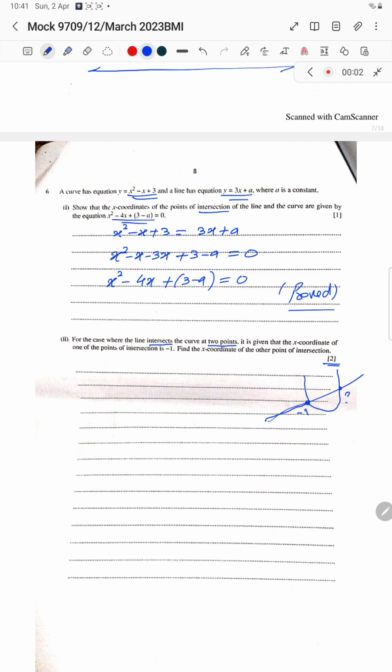Okay, so here we know from part 1 we have proved the intersection of the curve and the line in this form, that was equal to 0. So one root is given to you, so replace x with -1 because it is given here.